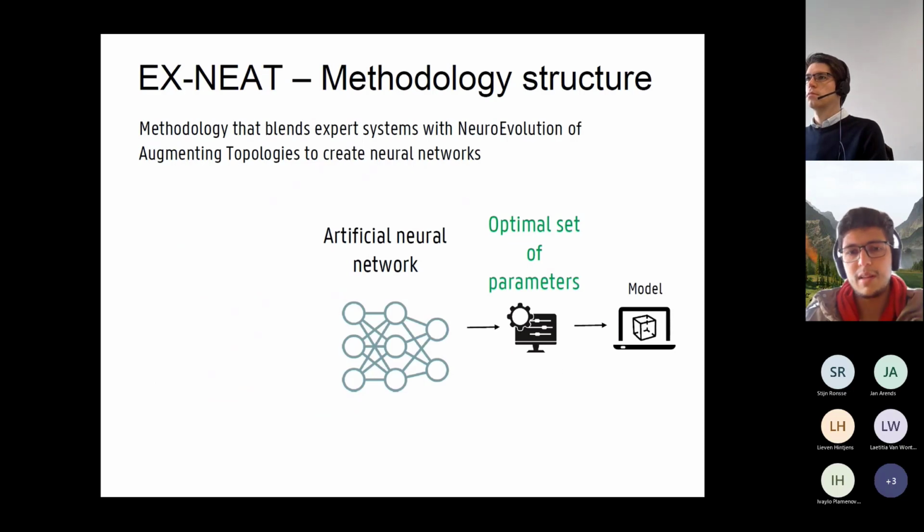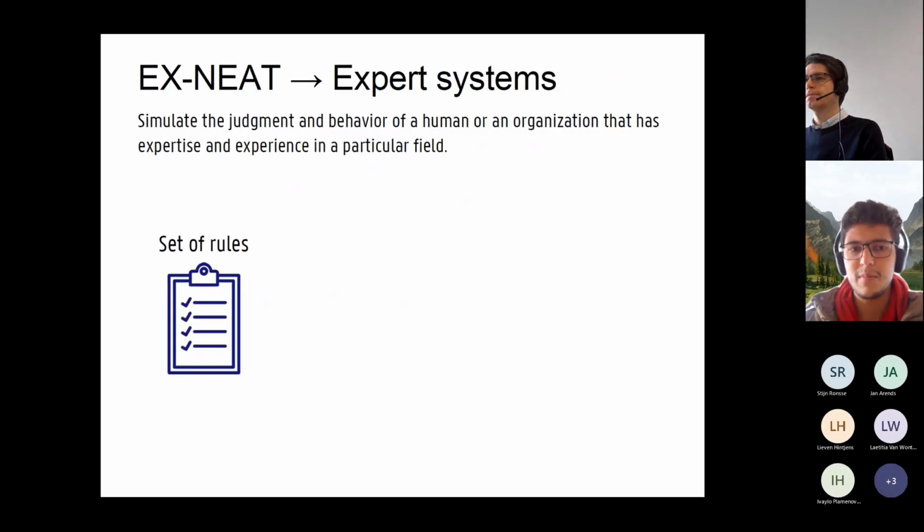So you will say, okay, that sounds really nice, but the methodology doesn't stop there. It actually has another component that allows you to make it more flexible for your model, which is the expert system.